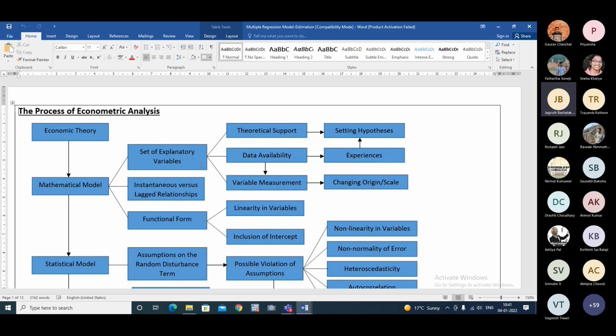Next, a very, very important question is basically here. When we talk about defining the set of explanatory variables in a regression model or econometric model, how to decide on that? One is definitely the theoretical support.